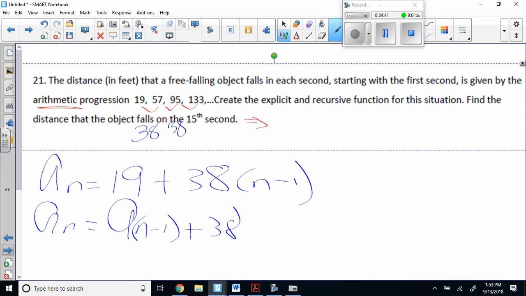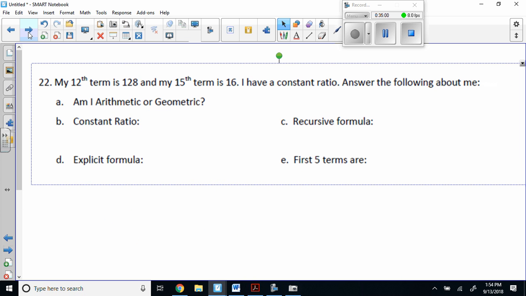All right, majority rules, except on wrong answers. What's wrong? 15 minus 1 is 14. N minus 1. You just times it by 15, didn't you? I know. Common mistake.